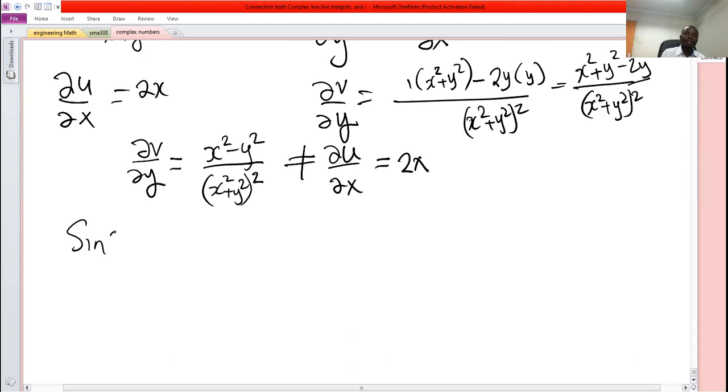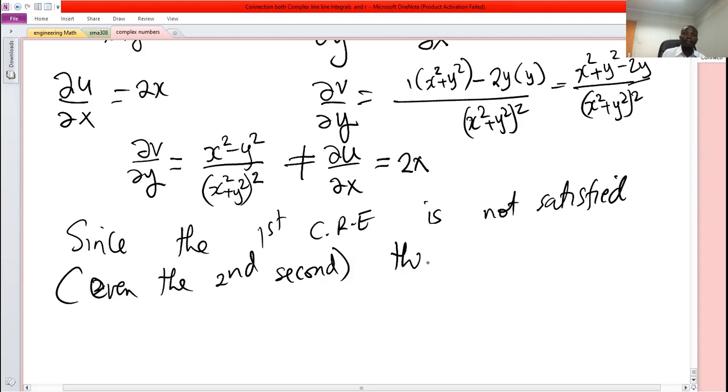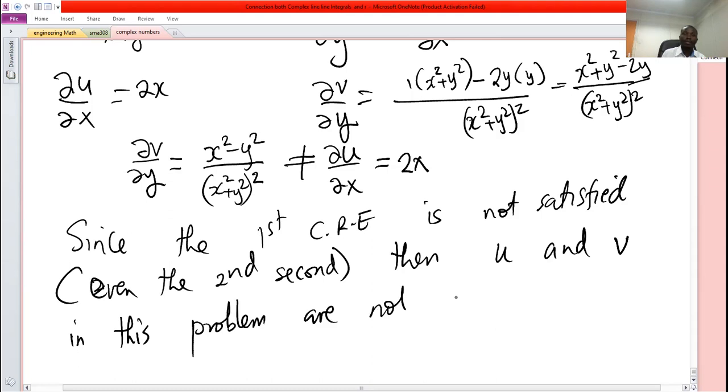So since the first CRE equation is not satisfied, and even the second, then u and v in this problem are not conjugate harmonic.